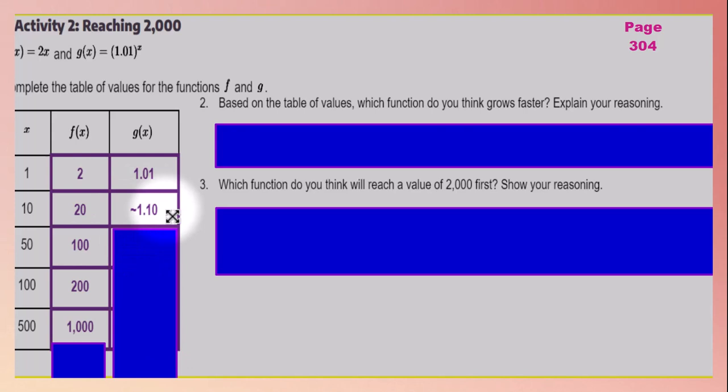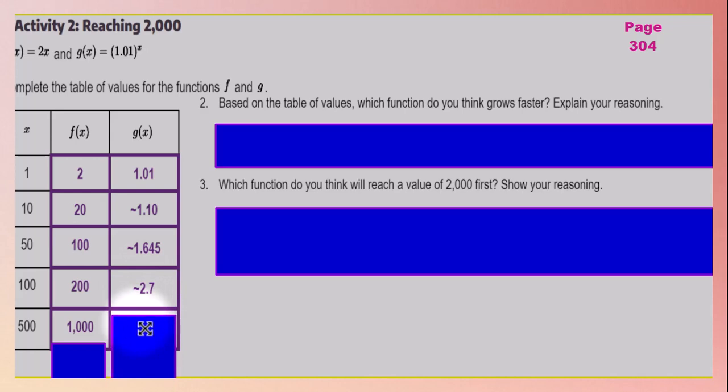I usually round off to the nearest hundredth. And then we're going to take 1.01 to the 50th power. So put 50 here for x, about 1.645, and keep going with replacing this with 100 and 500. You could also put this function in and then just follow along on the x-axis. So let me show you how to do that.